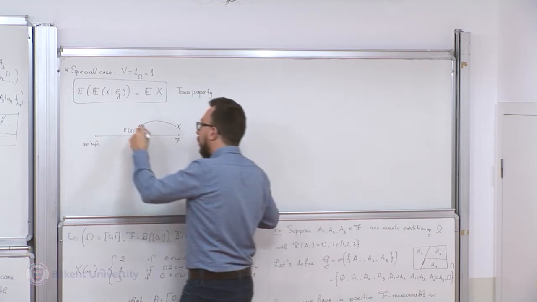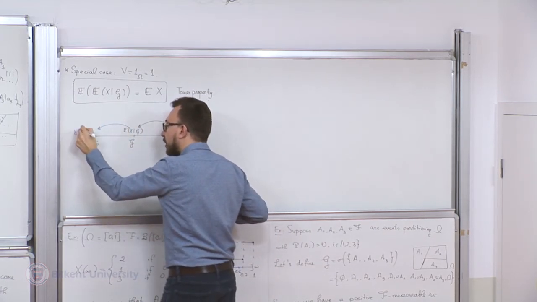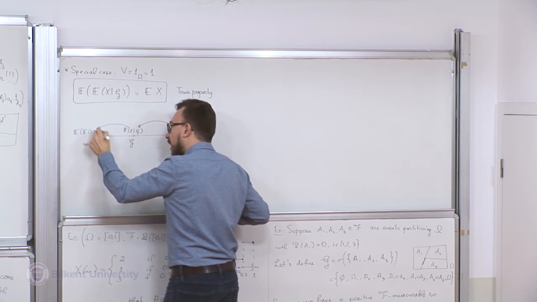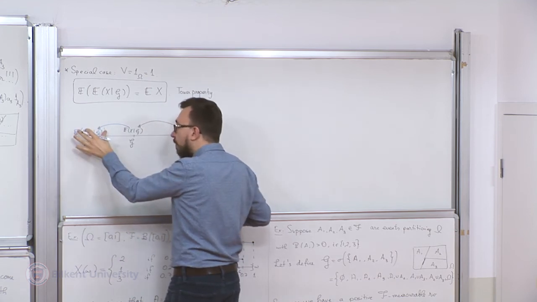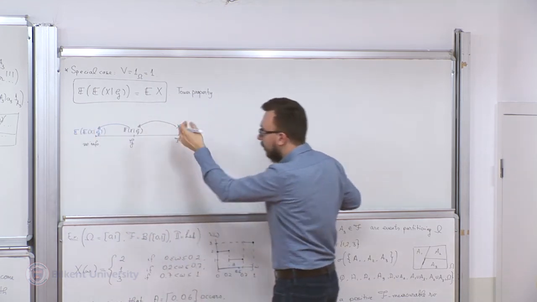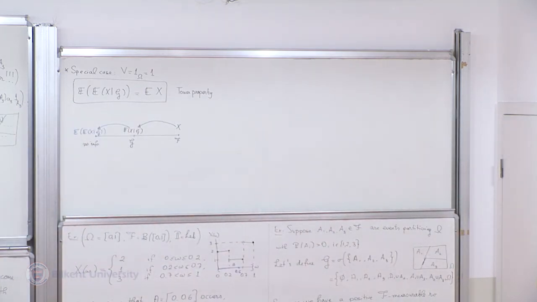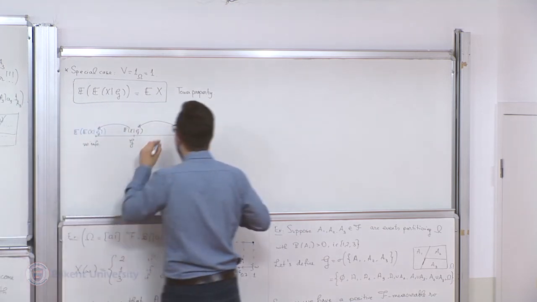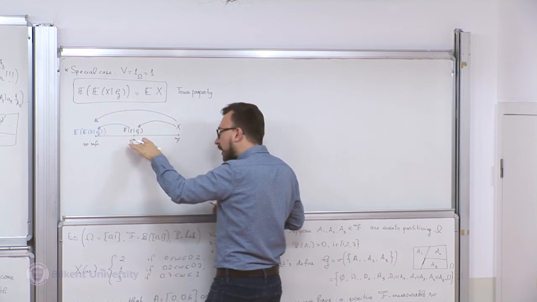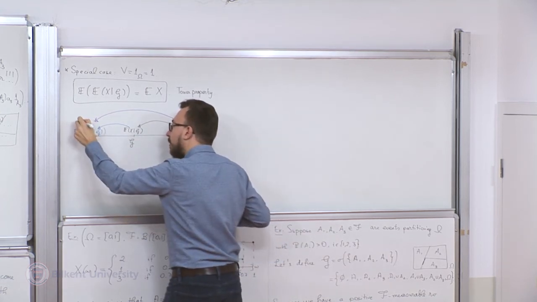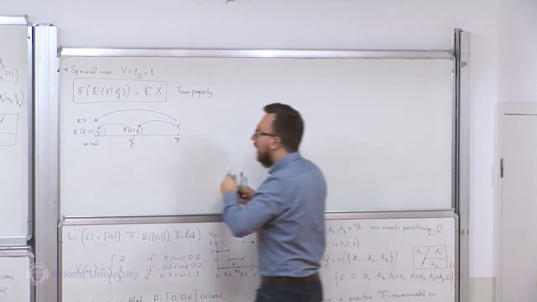In other words, you can use it as input for a person here. So the estimate of this person is going to be the expectation, because no information, of the conditional expectation, because that's the input. The other path is to just give x as input to a person with no information without any intermediate steps. And this is going to be just the expected value of x. This result says they are equal.